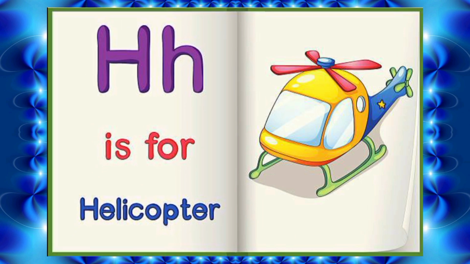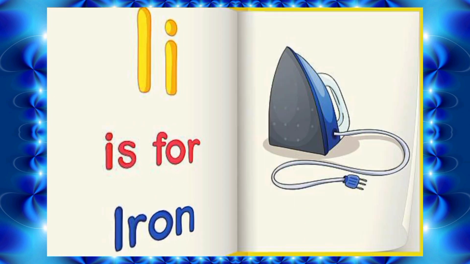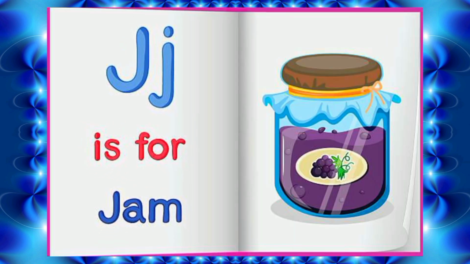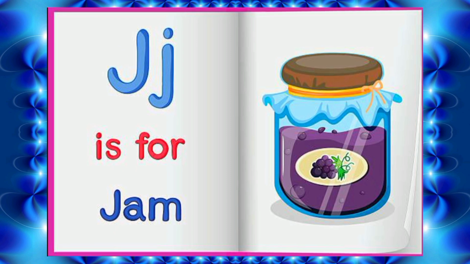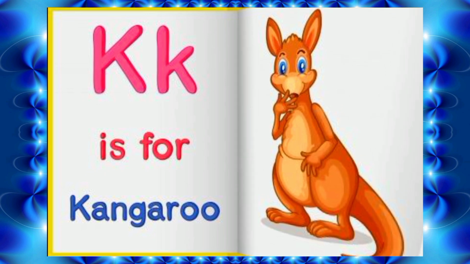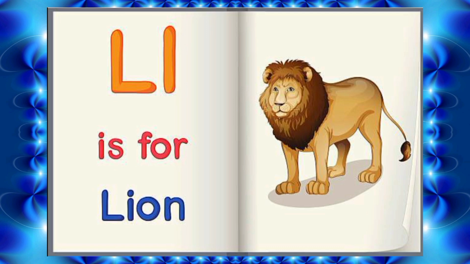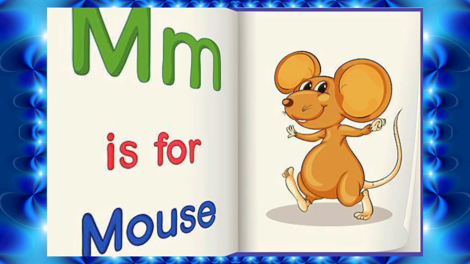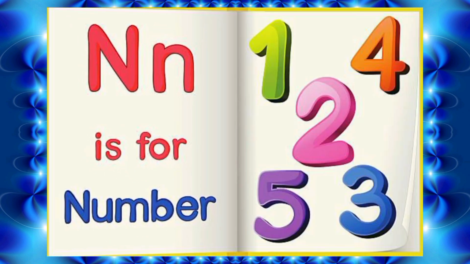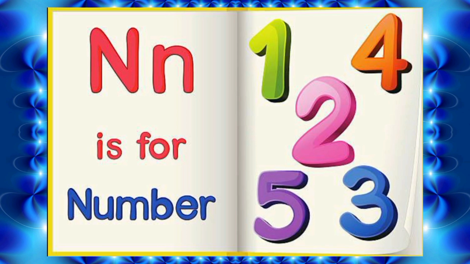H is for helicopter. I is for iron. J is for jam. K is for kangaroo. L is for lion. M is for mouse. N is for number.